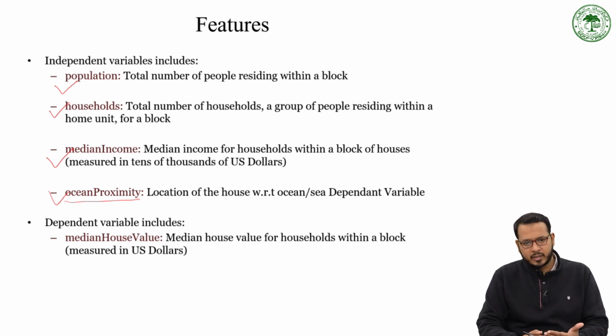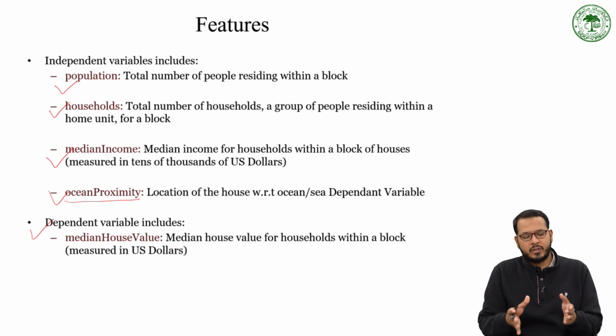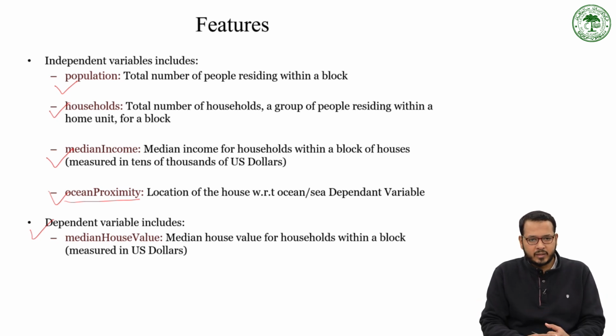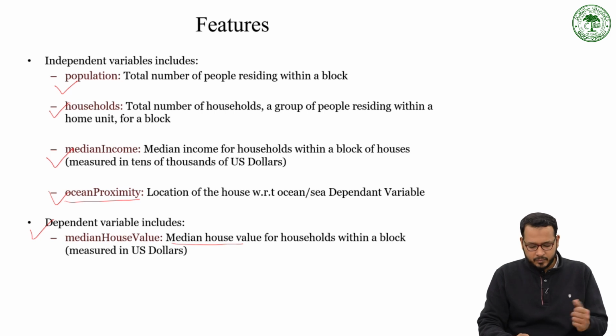And I think there are 5 to 6 categories in this specific feature. Finally, after the independent variables, the job then is, given all these 9 independent variables or features, to find the median house value in US dollars. So we will try to predict this value on the basis of the values of the given independent variables.